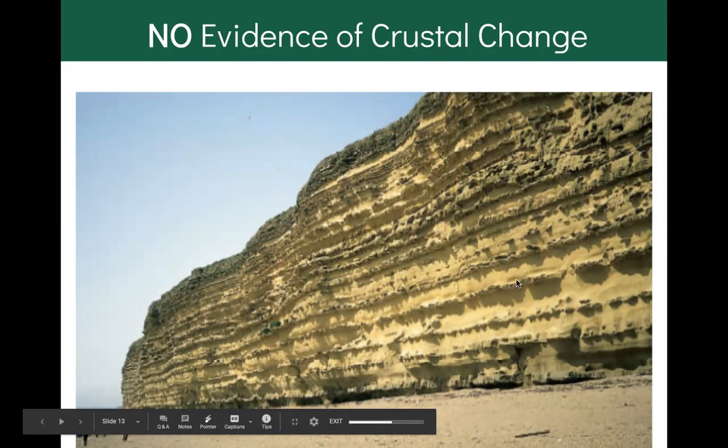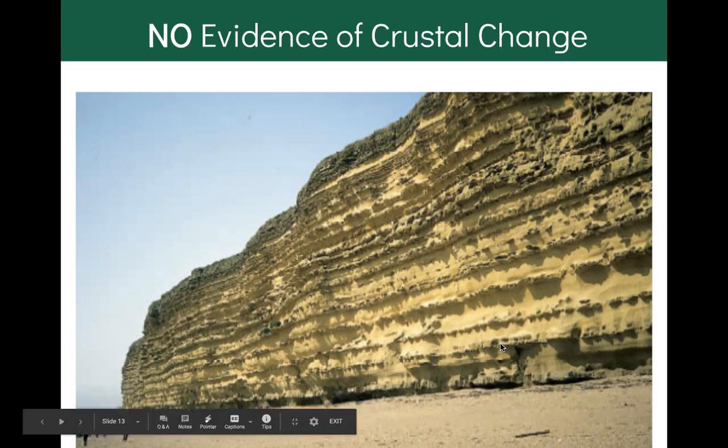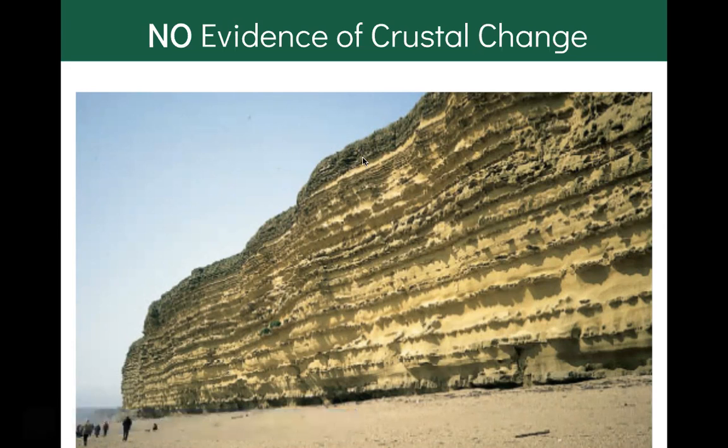In this case, you can see the nice lines where sediments got deposited in nice flat layers. They were later compacted, compressed, and cemented together to make sedimentary rock, and we can still see those nice horizontal strata. So this would be your oldest rock layers, and up here would be the youngest rock layers, following the principle of superposition. Again, no crustal change in this picture.